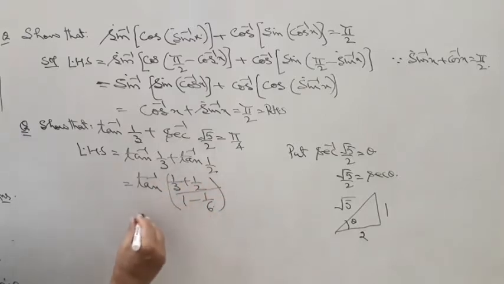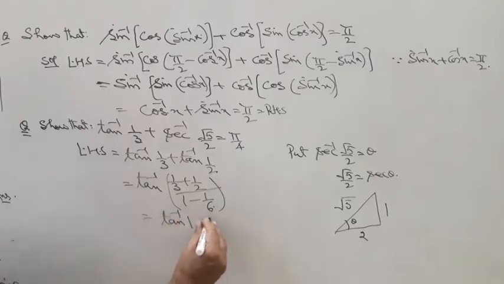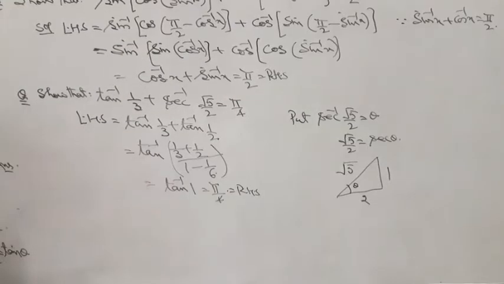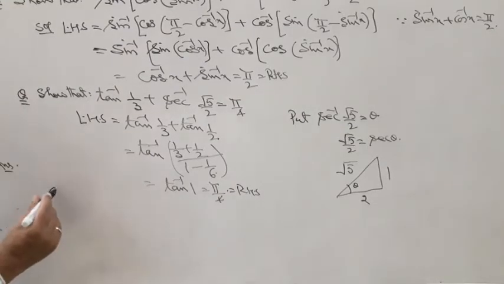And when you go for the simplifications, it is tan inverse of 1, that is π/4. This is given on the right hand side, the problem to prove this. Check up this. Yes, take up another question.